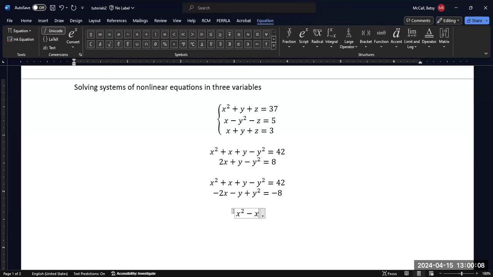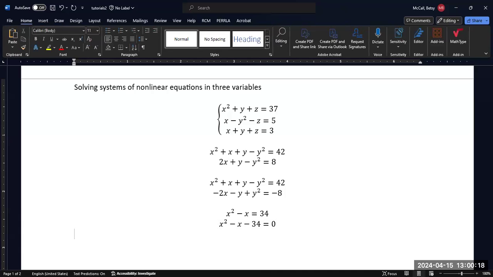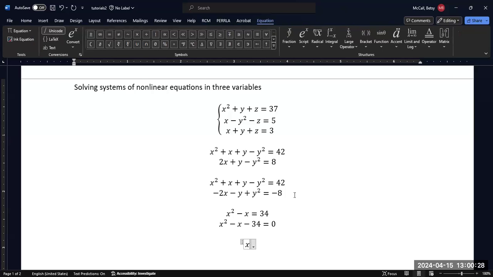Yes, equals 34. I'm now at a point where I can put everything on one side of the equation because I have only one variable left. And factors of 34 that have a difference of 1, I can't think of any. And so we're going to use the quadratic formula.